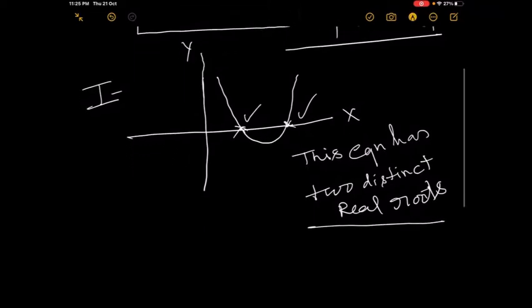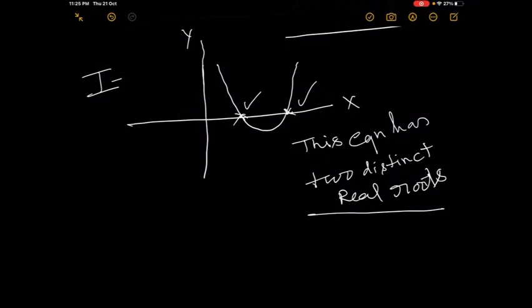Second thing, here I want to cover what you can say about the coefficients. If you have a question like this, this is the graph of my quadratic equation. What can you say about the coefficient of x square, a? Whenever the parabola is opening upward, the value of a, the coefficient of x square, is greater than 0.